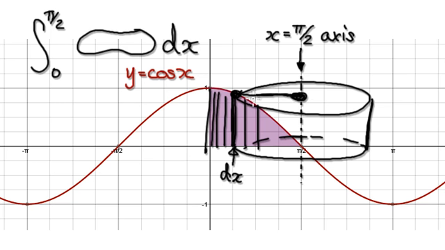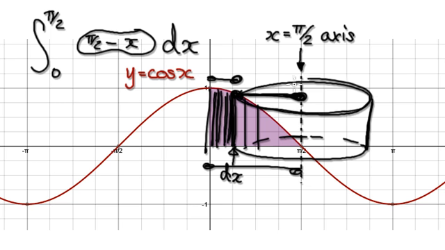So we will need to know the radius here. Well, the radius here will be from here to here, which is pi over 2, and then as we're moving along in the x direction, we will need to take away this distance here, which is x. Then we will need to 2 pi r it to get the circumference here.